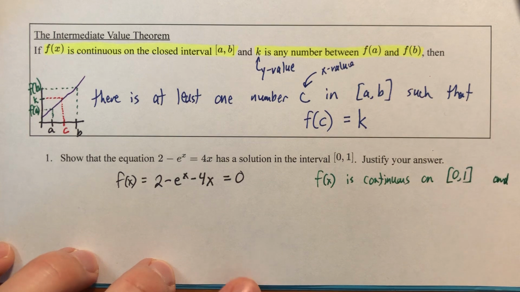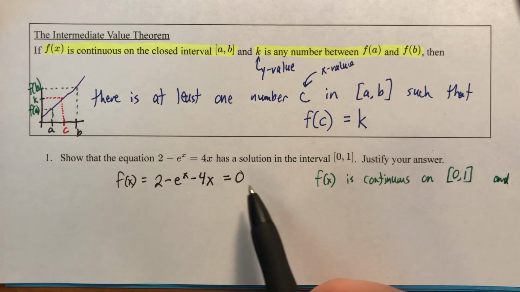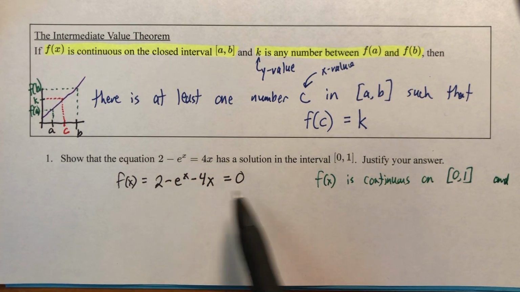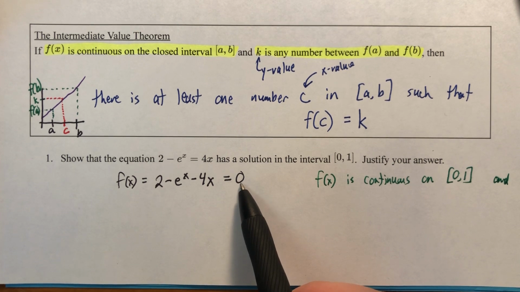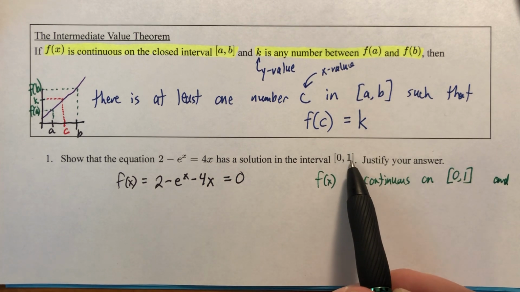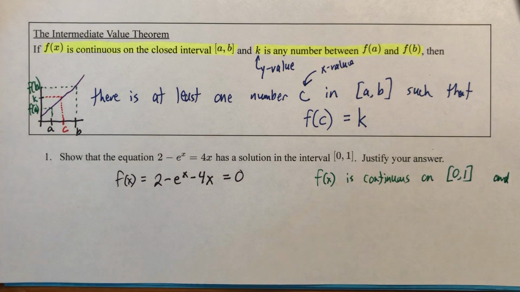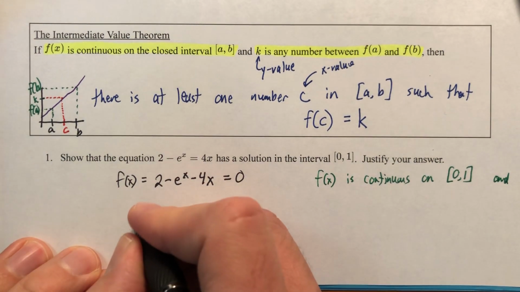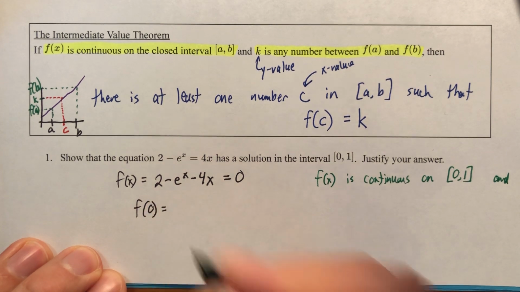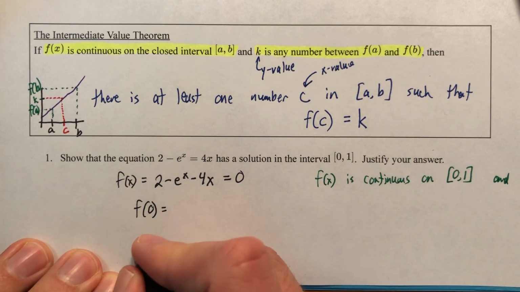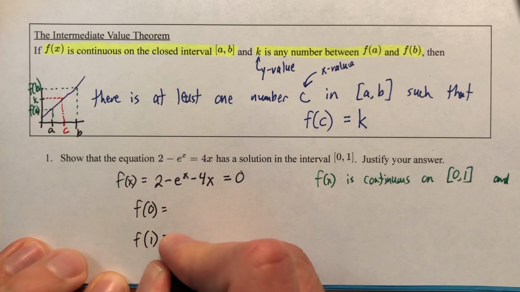And let's meet condition number 2. Does this function equal 0 in between these two inputs? Well, I don't know that, so let's figure that out. Let's grab an ink pen or pencil. I'm going to find out what happens if I plug in a 0. I'm going to find out what happens if I plug in a 1.